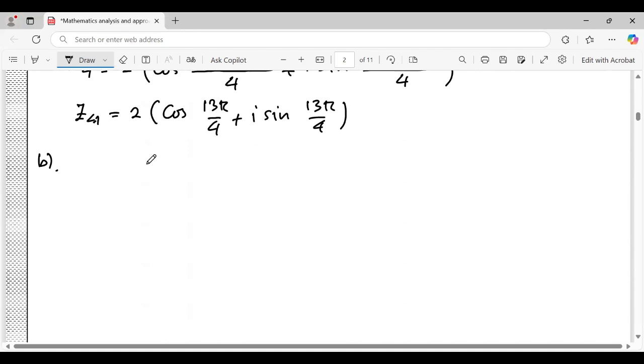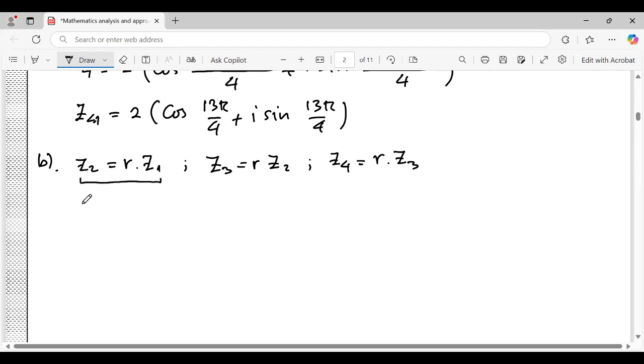So we can express the roots like this: z2 equals r times z1, or z3 equals r times z2, or z4 equals r times z3. I'm going to use this equation to find r.